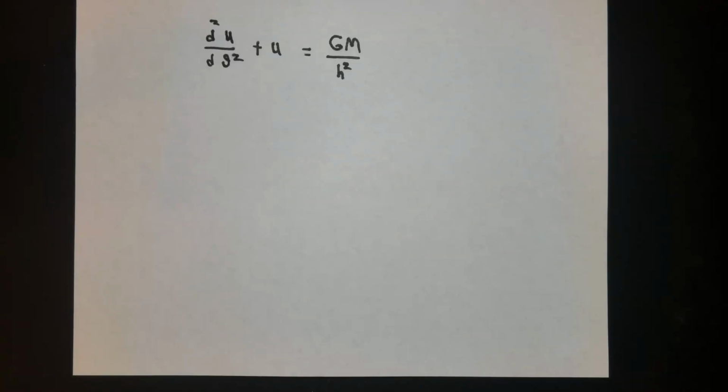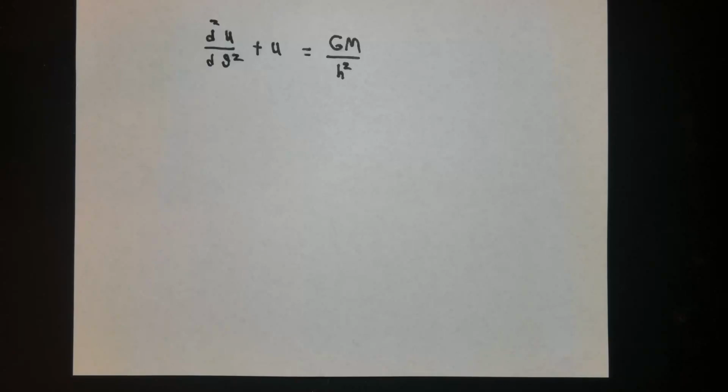If we assume that we have a circular orbit, that means that r is a constant. u, being 1 over r, will be a constant, and as a result, both the first and second derivatives of u with respect to any variable will be identically equal to 0.